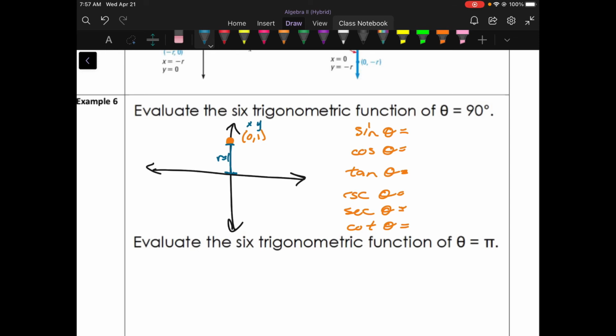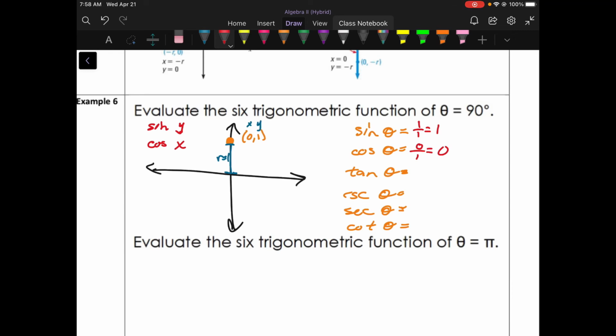So if you take your sine relationship, so again, sine y, cosine x, so sine is y over r, which is 1 over 1, or 1. Cosine is x over r, so 0 over 1, or 0.